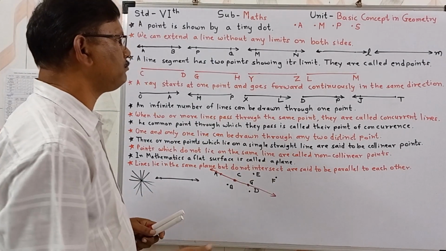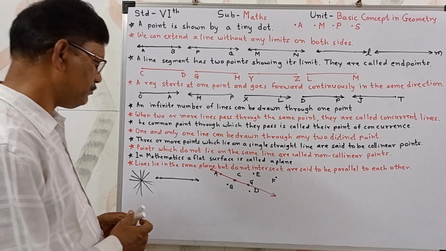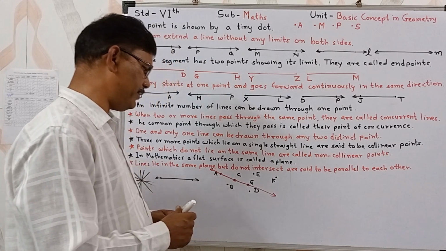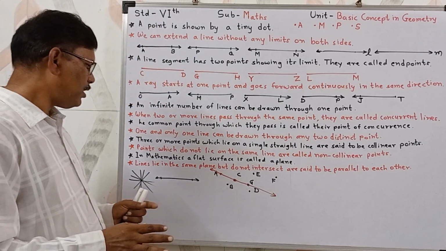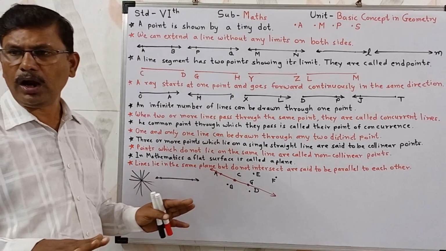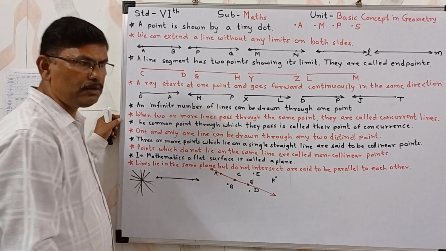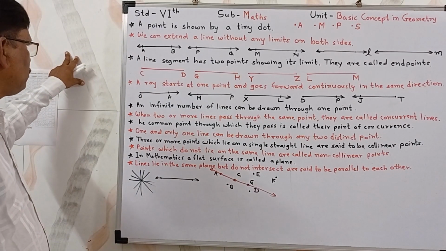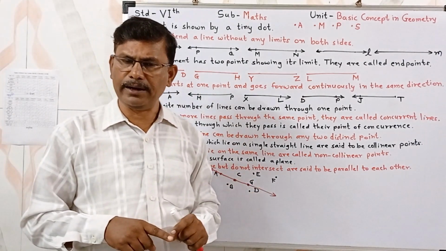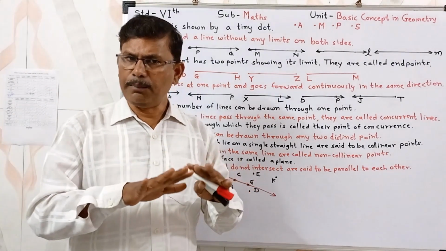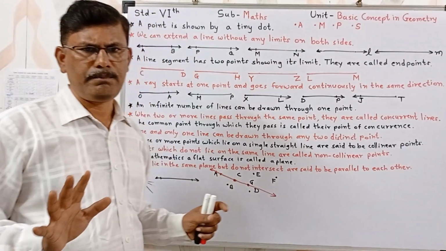The next concept is a plane. What is called a plane? In mathematics, a flat surface is called a plane. This board is also a plane. This wall is also a plane. The book surface is also a plane. The table surface is also a plane.